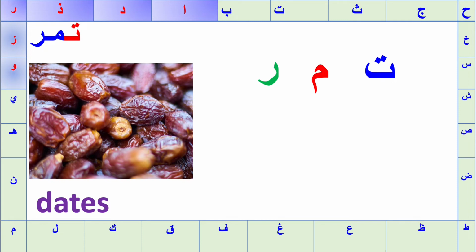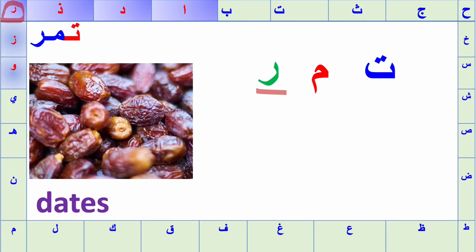Now you can notice that at-ta is one of our first list, which can connect right and left. Al-mim is also one letter that can connect to the right and to the left, while ar-ra can only connect to the right hand side because it belongs to the second group.